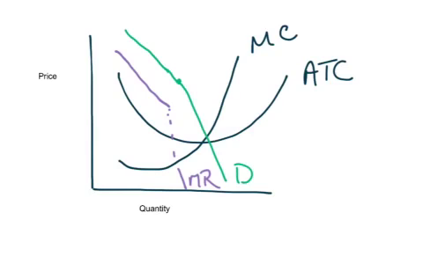Now, what we're going to see when we are figuring out where does the firm make its profit maximization, we still use the same approach that we've seen before, that where marginal revenue equals marginal cost, that's going to be the point of profit maximization.